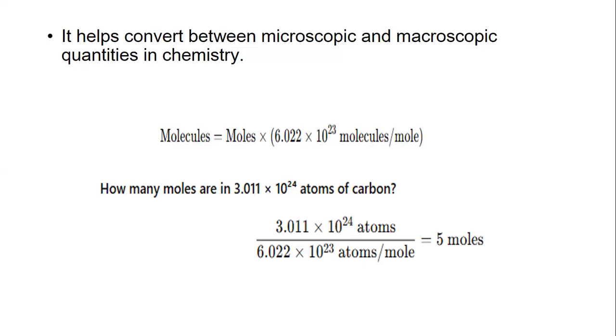We will write it like 3.0 into 10 raised to power 24 atoms divided by 6.022 into 10 raised to power 23 molecules over mole, which is equal to 5 mole. Now we can see that a large number of molecules are present, which we represent in a small number of moles. So we will use moles in place of molecules.